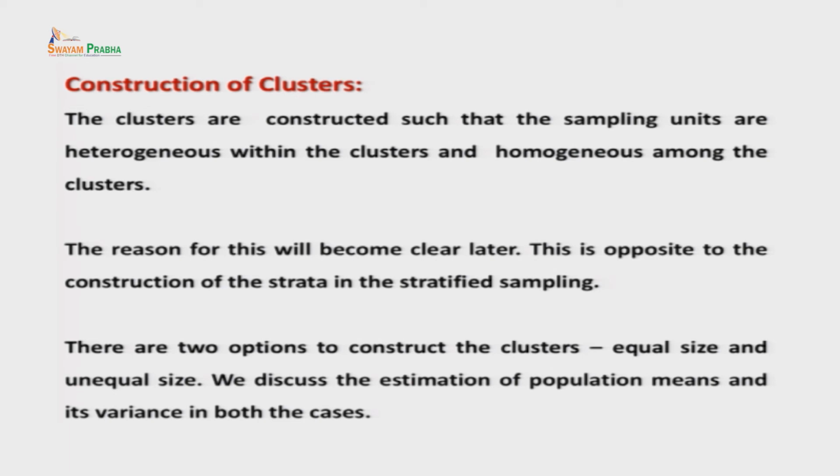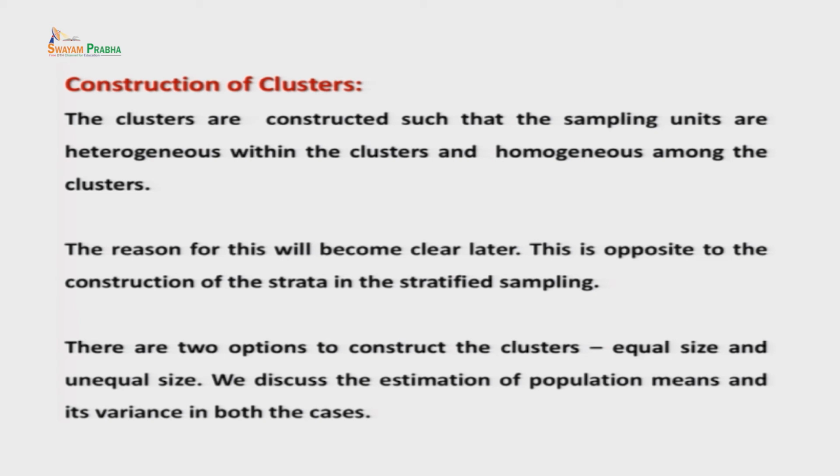That is exactly on the same line as we discussed in the case of stratified sampling, that the strata have to be constructed in such a way that they are within homogeneous and between heterogeneous. Similarly, now we have to think and decide how the clusters should be constructed.